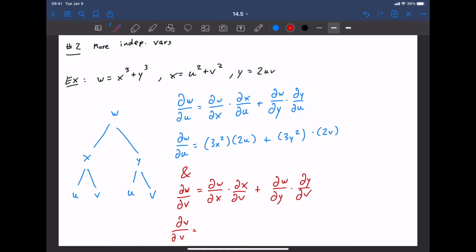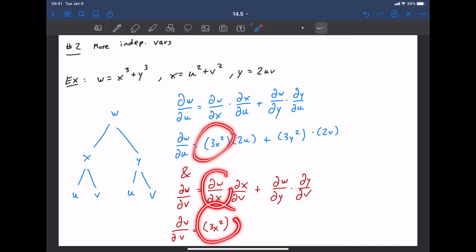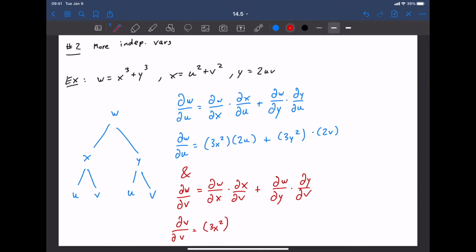3, 2, 1. w with respect to x, notice that that's not changing between these two because they should both be dw dx. Okay, we shouldn't have any big issue here. This part should.